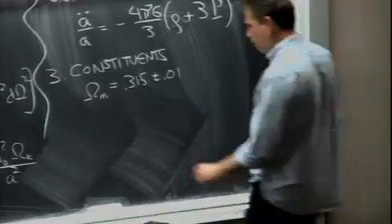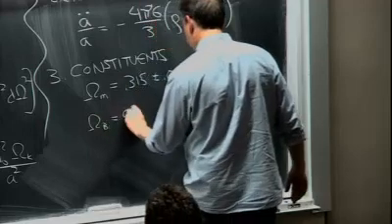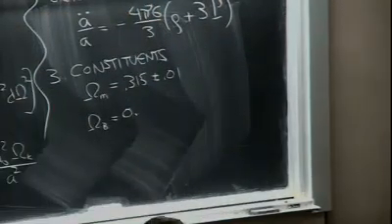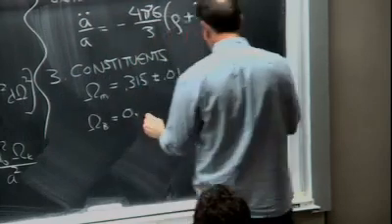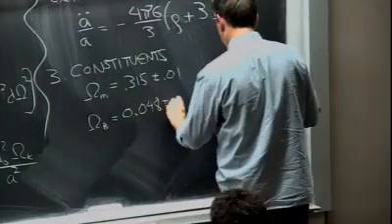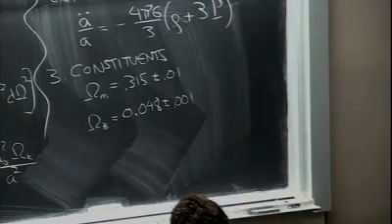Of that matter, as you've heard today several times, only a small fraction is in baryons. So the fraction of energy that's in baryons is known extremely accurately, and that is known to be less than the total matter.